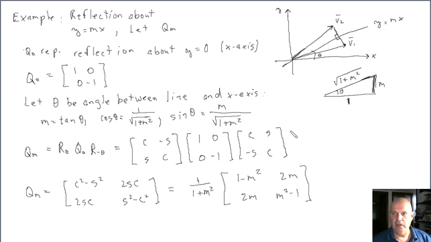So instead of working directly with the vectors here, the work is simplified in this case by actually thinking of this reflection about this line as being a composite of three different transformations. And believe me, I think the math is quite a bit simpler. Probably should work through it, but I'm not going to waste your time to illustrate that this is a little easier than working directly with the E1 and E2 and reflecting them about the line.